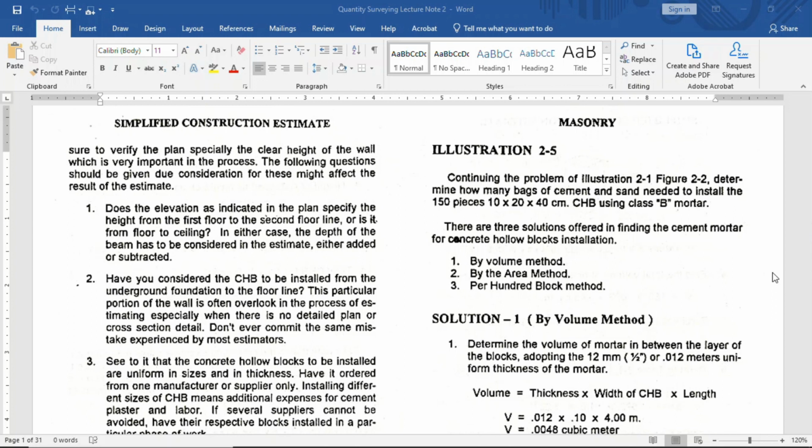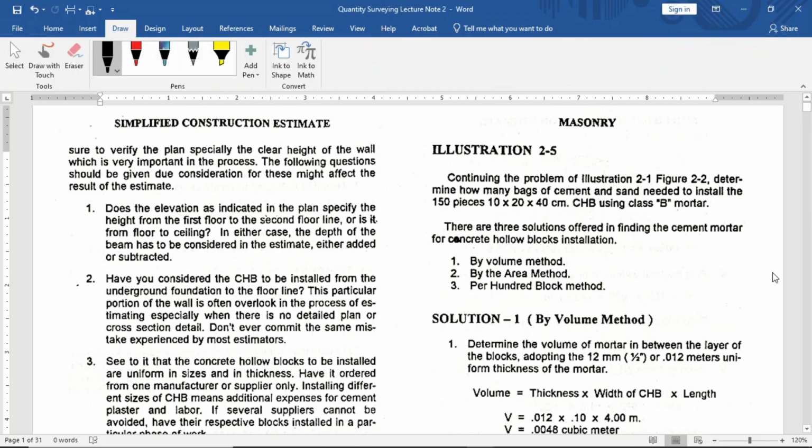So, kailangan dapat naka-specify sa plano natin kung yung height ba is from the first floor, for example, ito yan. So, ito yung first floor natin.